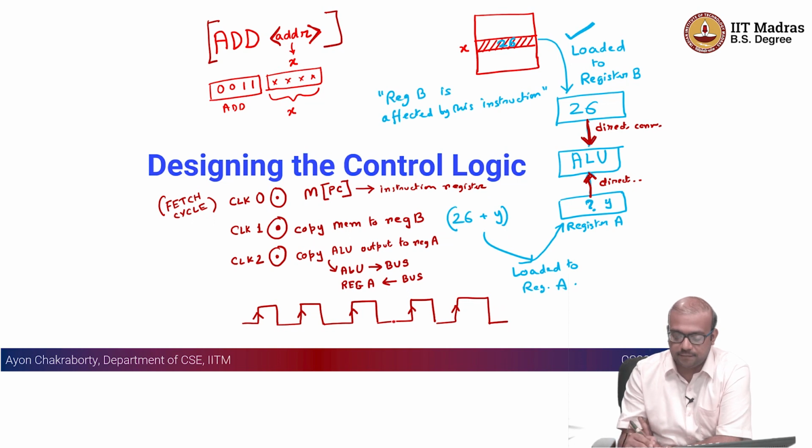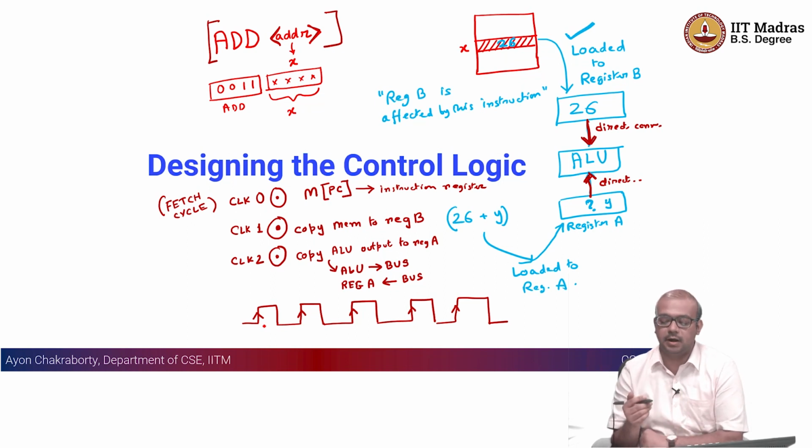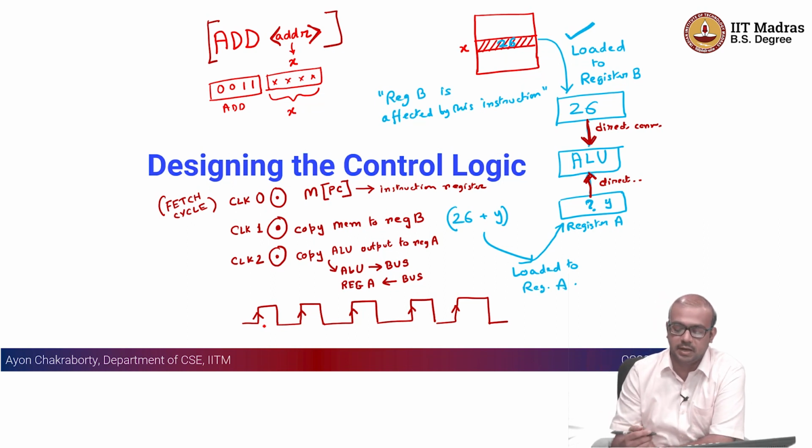In every such clock cycle some register transfer is happening, some counter is being updated, some of the values are written to the memory and so on. Of course, we want to shrink it. We do not want many clock cycles, because in that case the instruction is going to take a long time, right. We want the instruction to be finished as soon as possible.